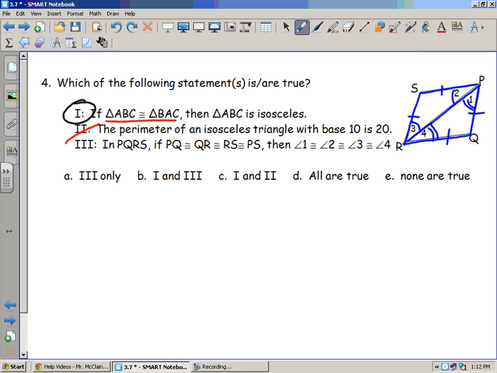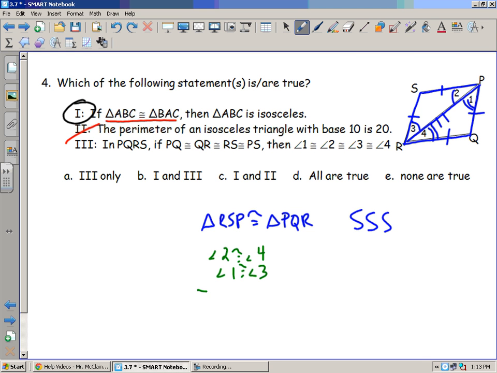Triangle RSP is congruent to triangle PQR because of side, side, side. Because of that, corresponding parts are congruent, so angle 2 is congruent to angle 4, and angle 1 is congruent to angle 3. I also know they're isosceles, so angle 2 is congruent to angle 3, and angle 1 is congruent to angle 4.